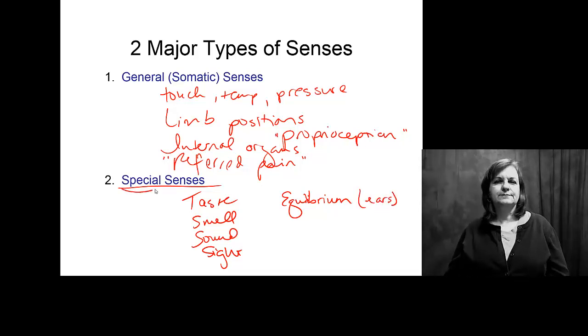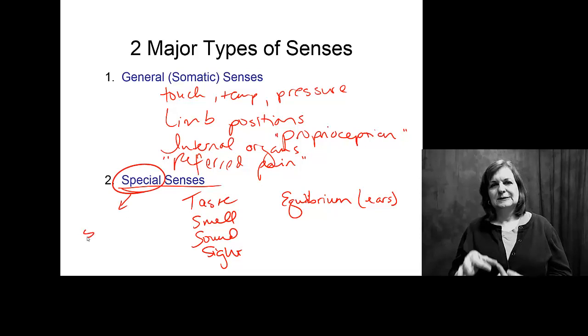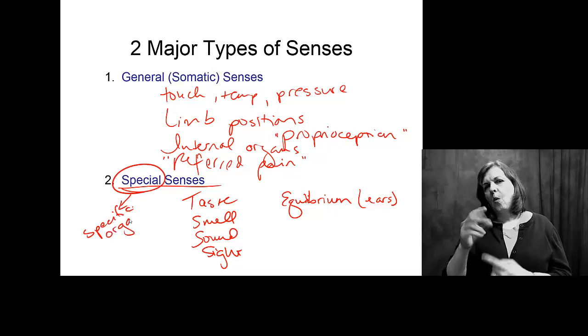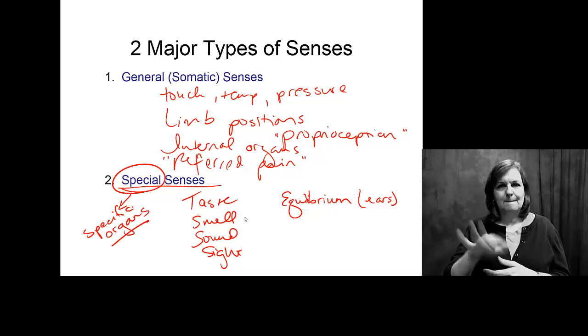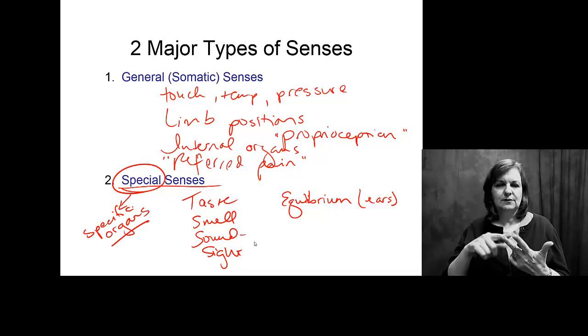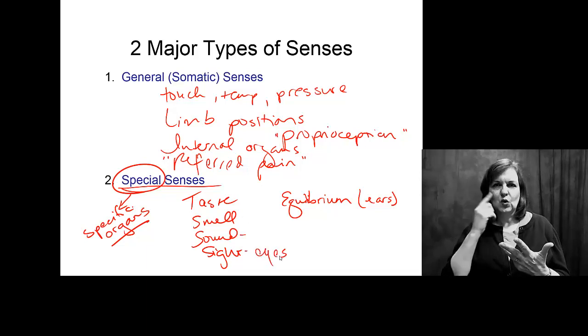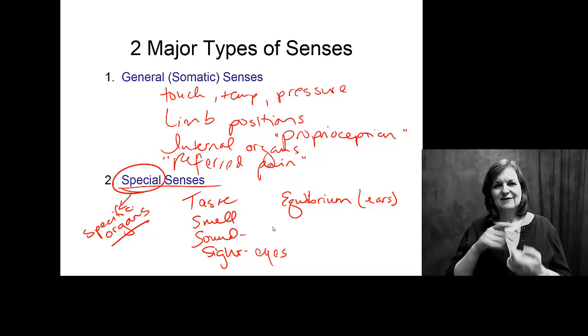So that's why these are special senses. They have specific organs associated with them. So taste, of course, your mouth, smell, your nose, sound, your ears, and sight, your eyes, of course. Okay, so specific organs associated with them.